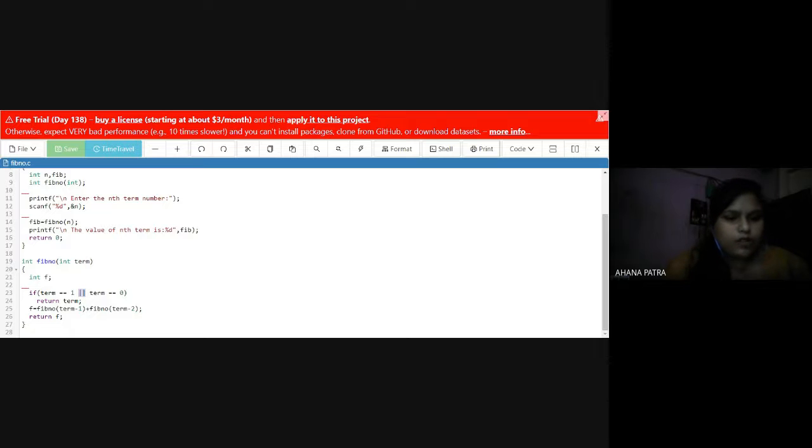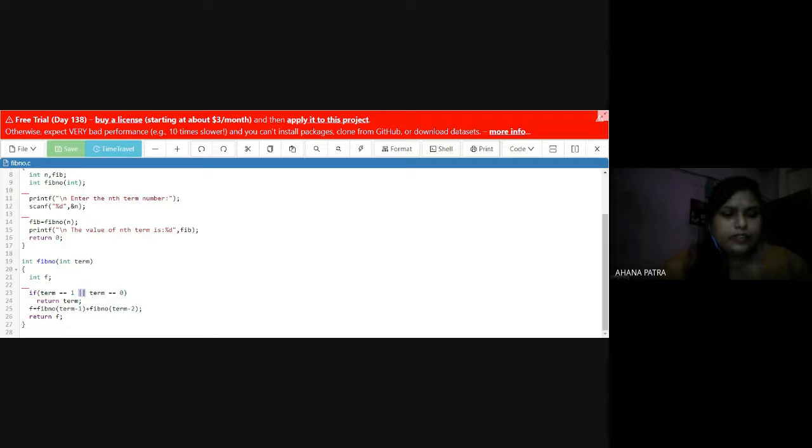Term is not 1 and not 0, so it does not return anything. It goes here, that is f equals Fibonacci of term minus 1, that is 5 minus 1, which means 4, plus Fibonacci of term minus 2, which means 3. It calls fib 4 and fib 3, but it does not return anything yet.